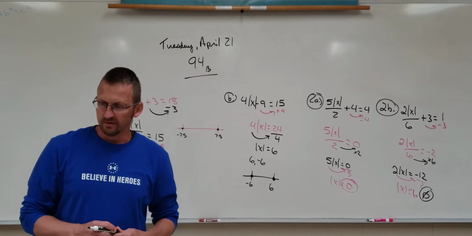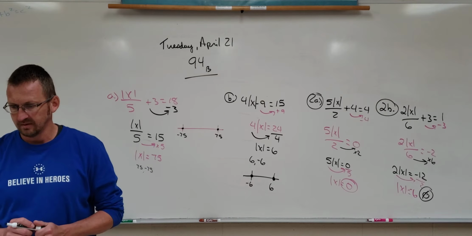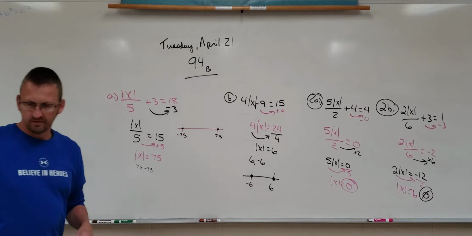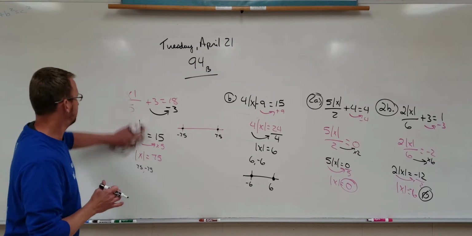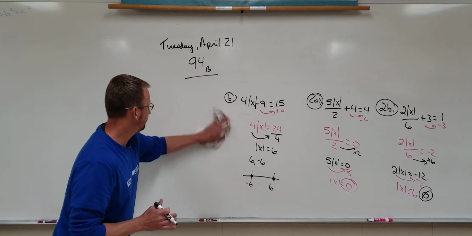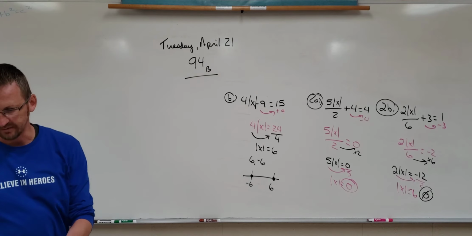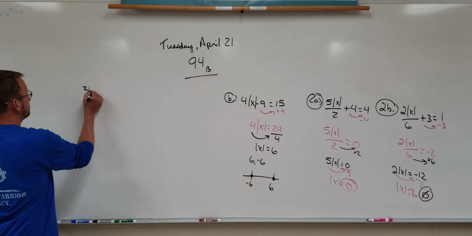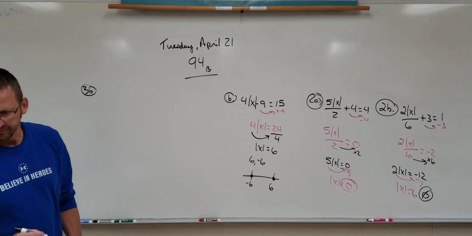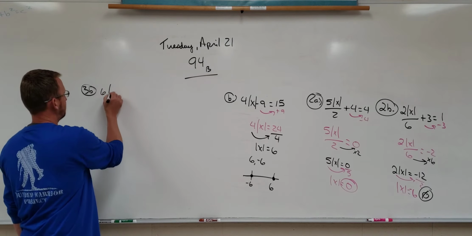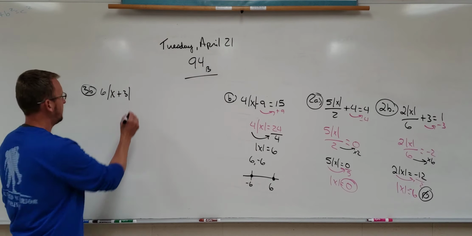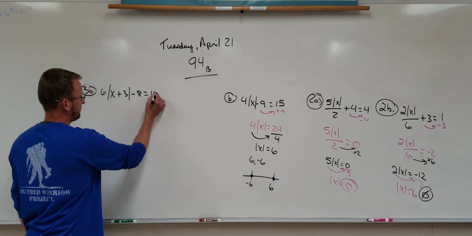So if you take a look at example 3, it's very similar. We're just doing a few things inside of the absolute value. Let's look at 3b. We have 6 times the absolute value of x plus 3 minus 8 equals 10.